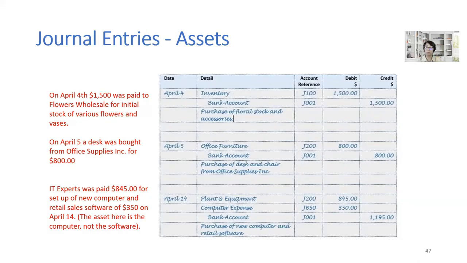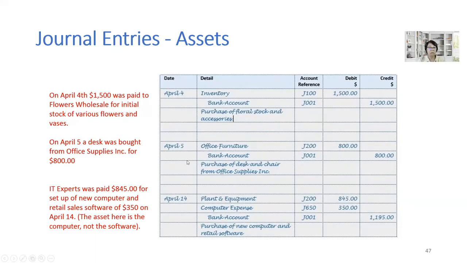You own it. Remember, asset means you own it. So inventory is an asset, and it went up by $1,500, so you debited inventory. Well, did our bank account go up or down? It went down because we paid. Let's say we wrote a check and we paid for the flowers. So we credited our bank account.